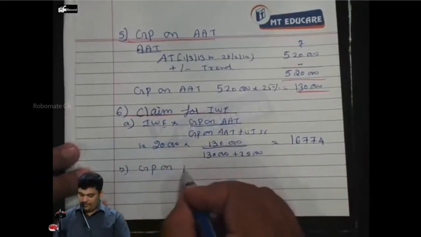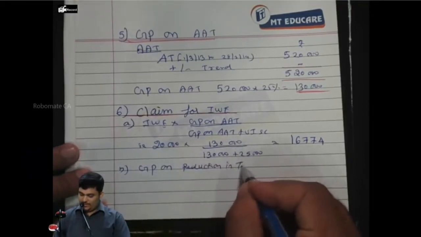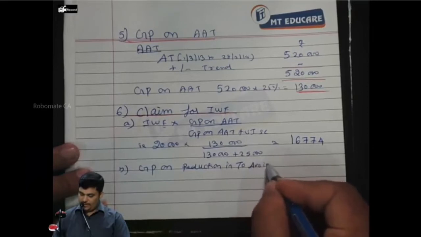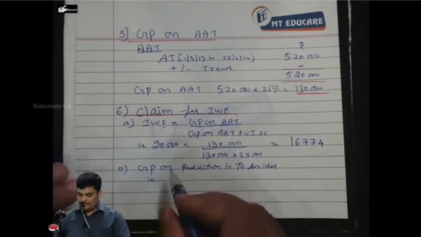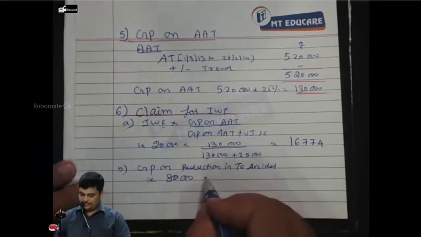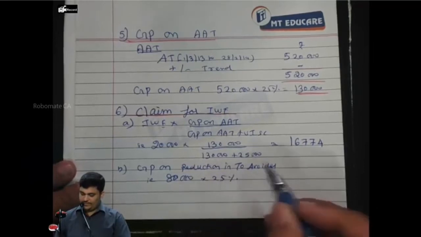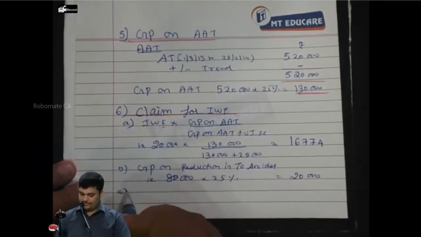Gross profit on reduction in turnover avoided. That is, 80,000 is the RETA into 25%, which is 20,000.